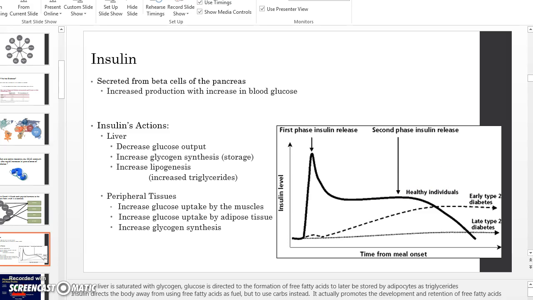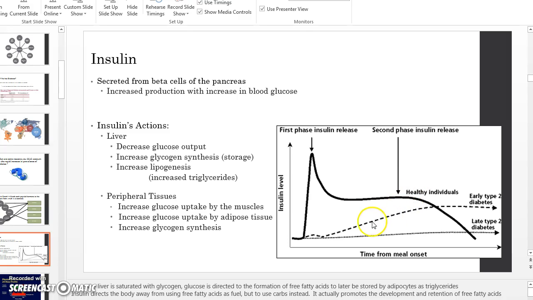The slower release of insulin during that phase allows for the body to respond to the new glucose that's been entering through the digestion system while trying to maintain a basal glucose level, or a steady glucose level, rather.